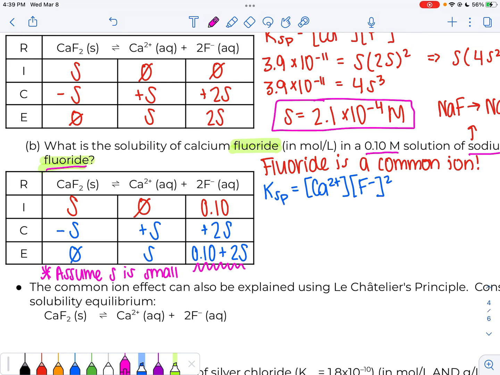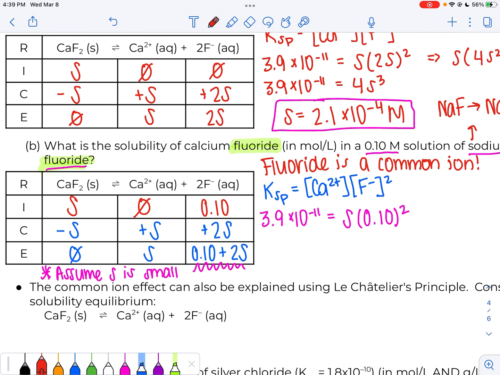All right, so our Ksp for calcium fluoride is 3.9 times 10 to the negative 11th. Our concentration of calcium is just S, and our concentration of fluoride, since we're assuming that S is small, we're going to take off that last factor, that 2S, and we're just going to say 0.10 squared.